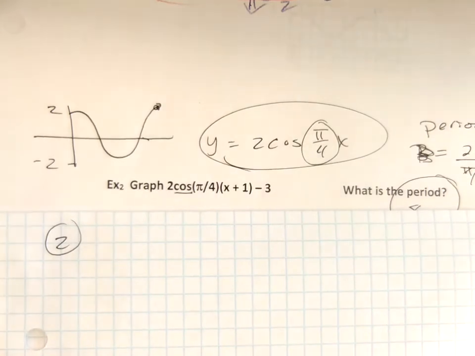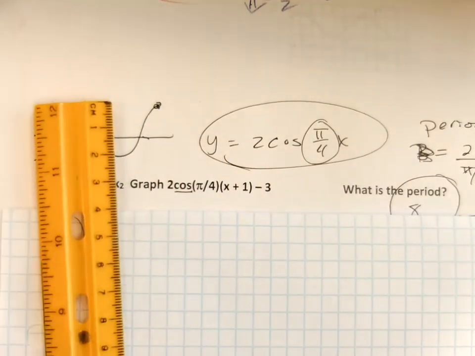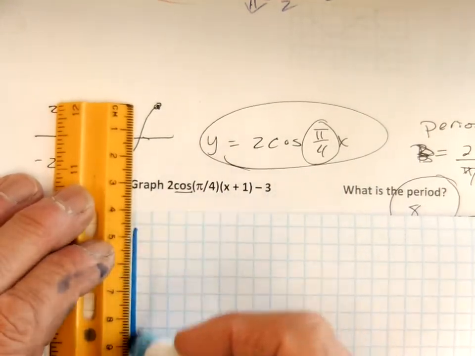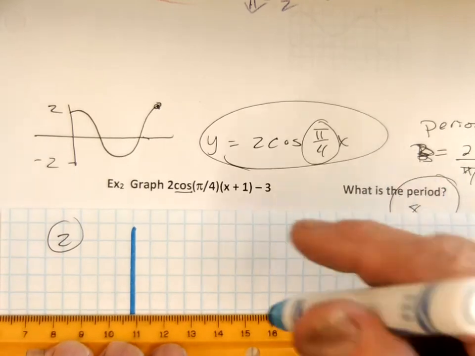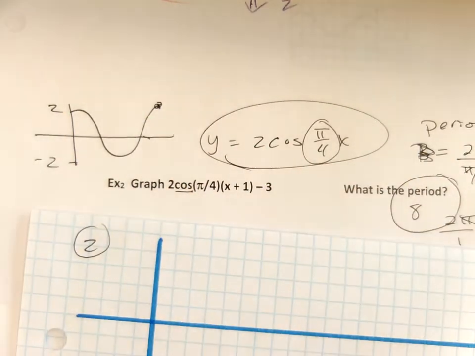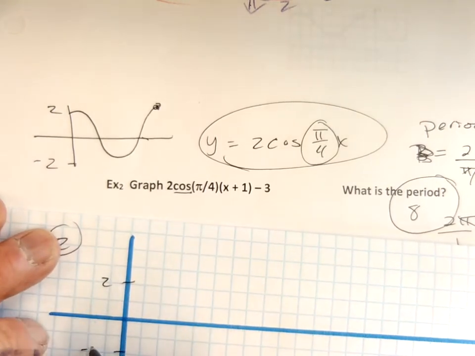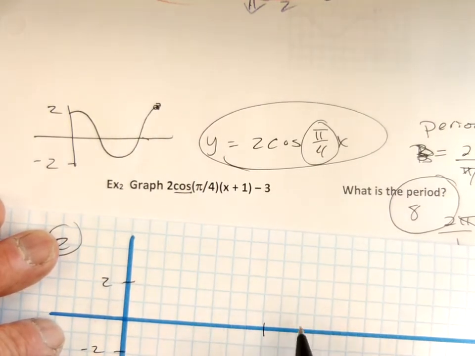First thing I want to do is graph just this curve. I'm going to go from 2 to -2. 1, 2, 3, 4, 5, 6, 7, 8.